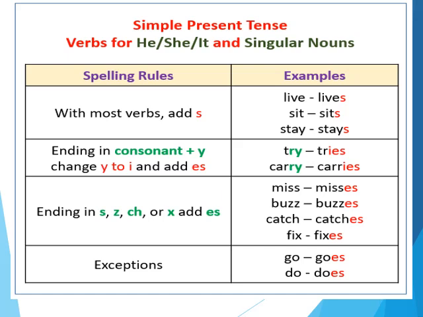The last two letters are CH, so we add es and write it as catches. Fix, fixes. The last letter is x, so we add es and write fixes. And also for the words ending with o, go, we add es and write goes. Do, we add es and write it as does.